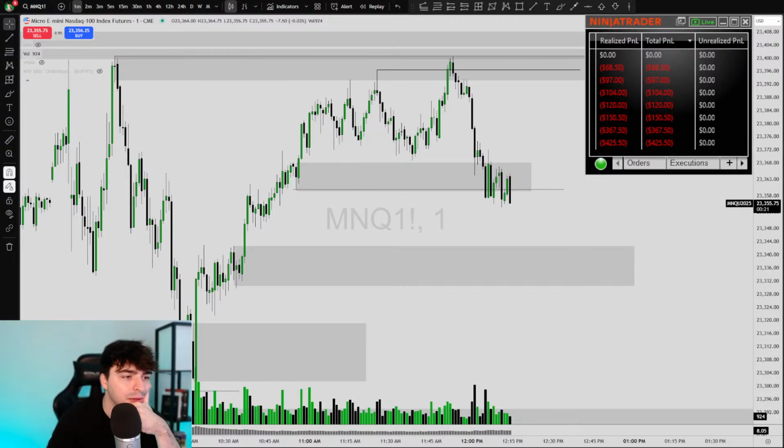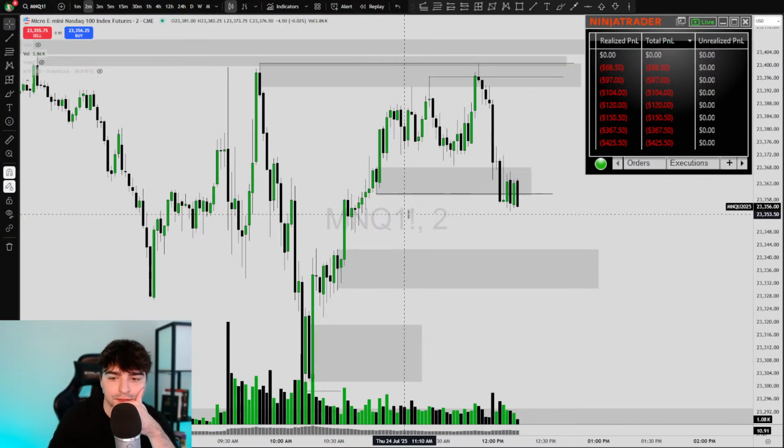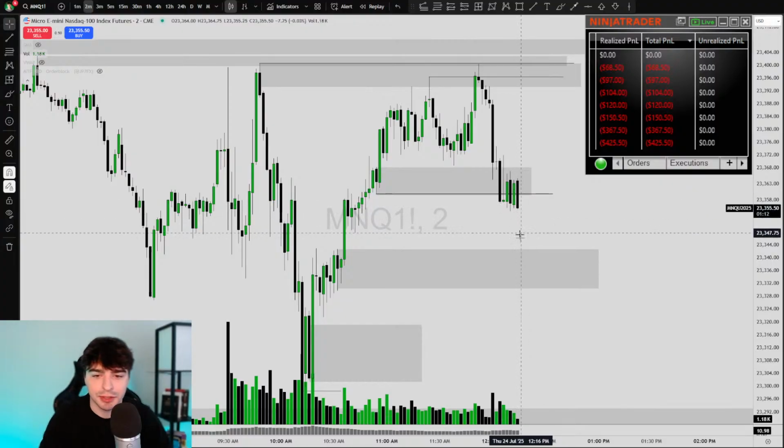Like, this is not tradable. There's no direction. It's just back and forth, up and down. At this point, it looks like it's just going to tank down to here.